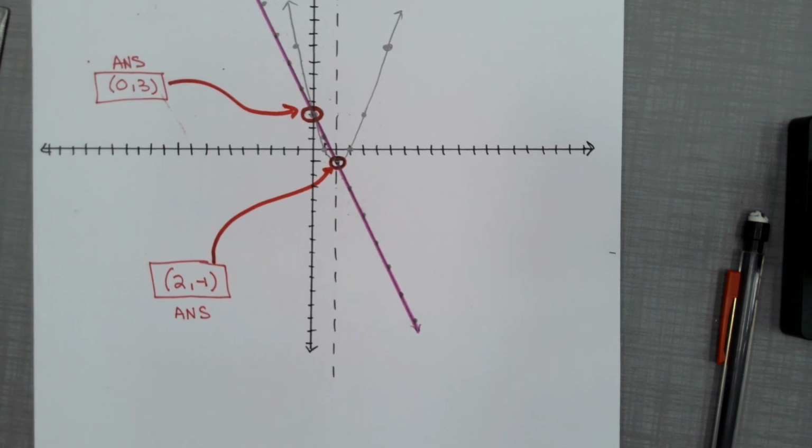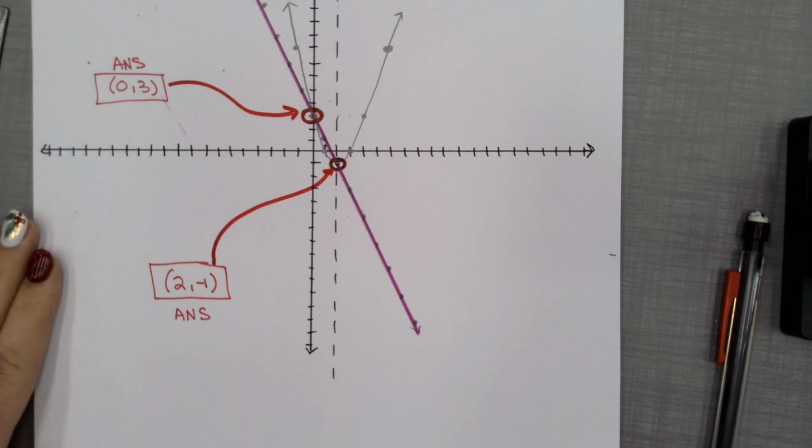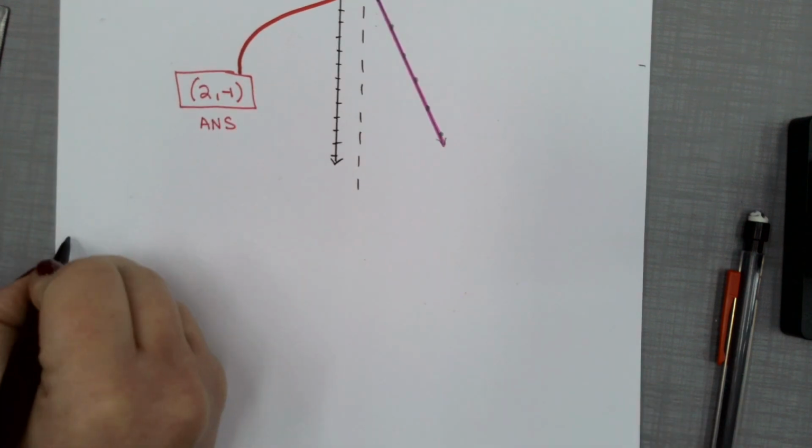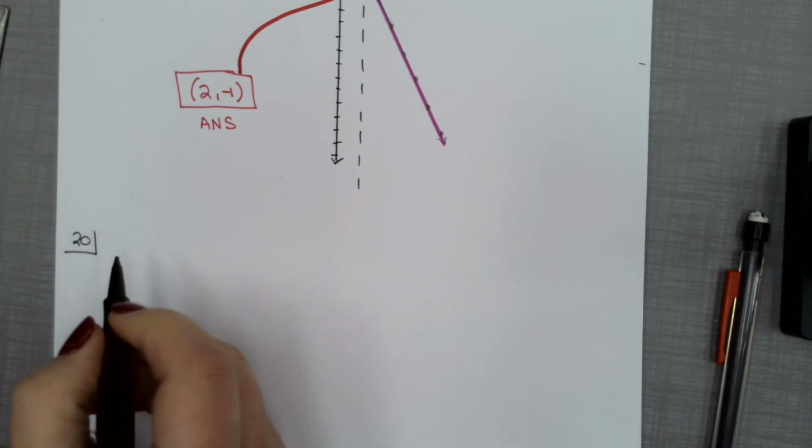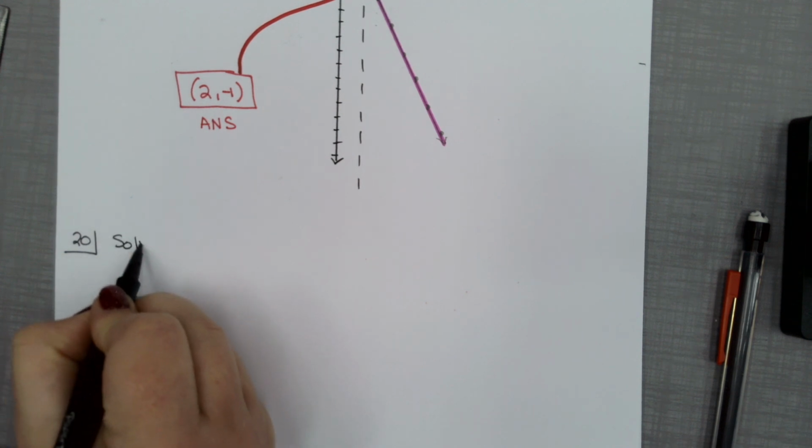We have one more example that we need to do. I'm going to go ahead and continue. And this is going to be our last one for the type of questions you're going to see on the test. So the last one is going to be solve the system using substitution.